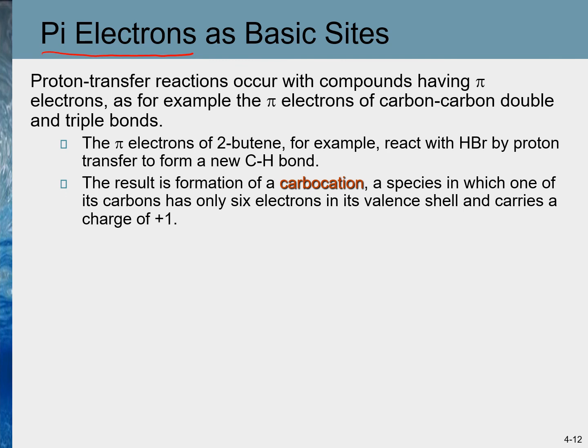Now, for example, in case of an alkene, let's say a butene, we will learn alkenes in more detail in chapter 6 and 7. But for now, just remember the compounds where we have a double bond are known as alkenes.